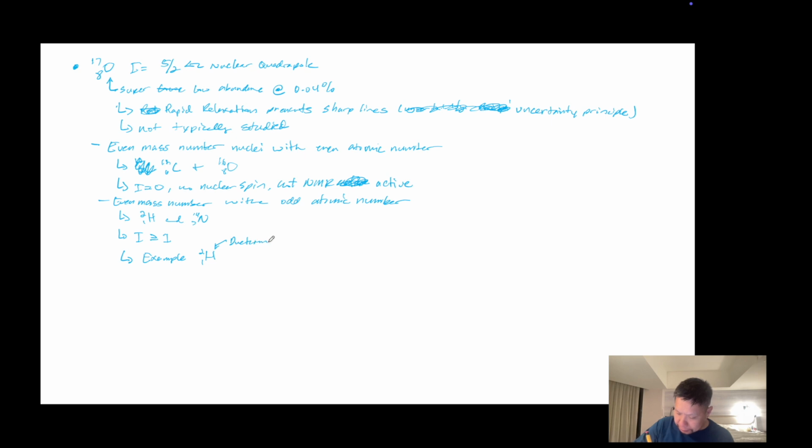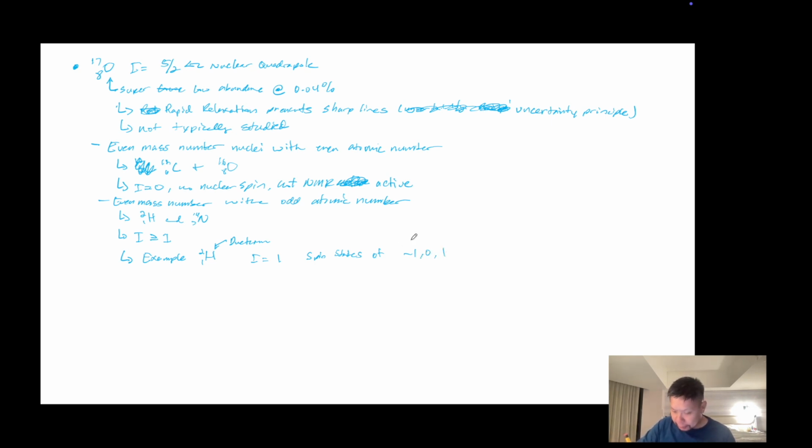And deuterium's I is equal to 1. And so that means that its spin states include -1, 0, and 1.